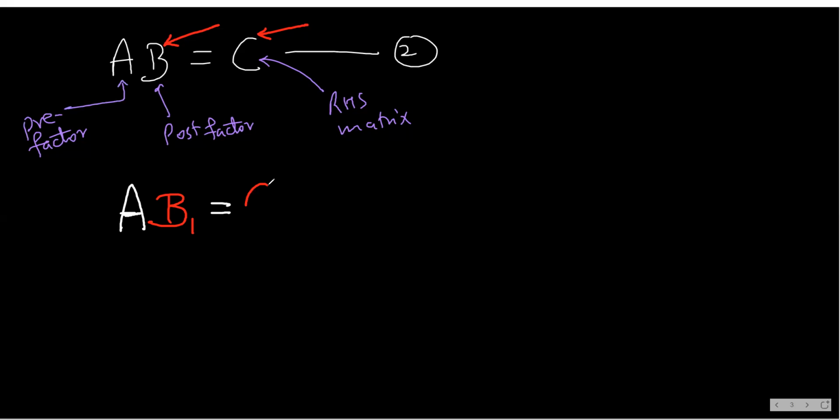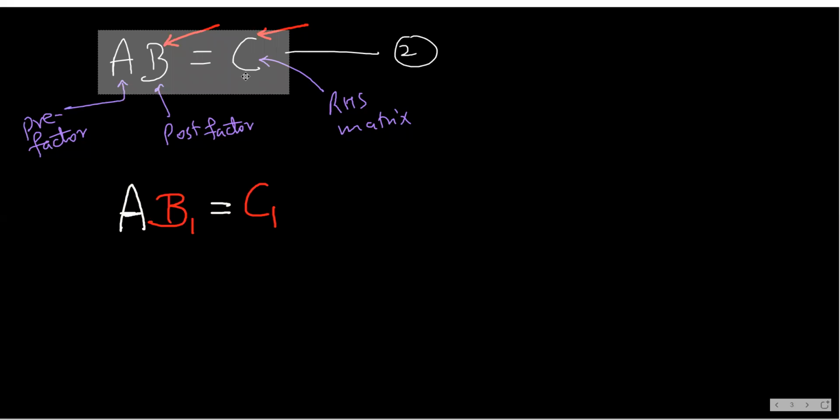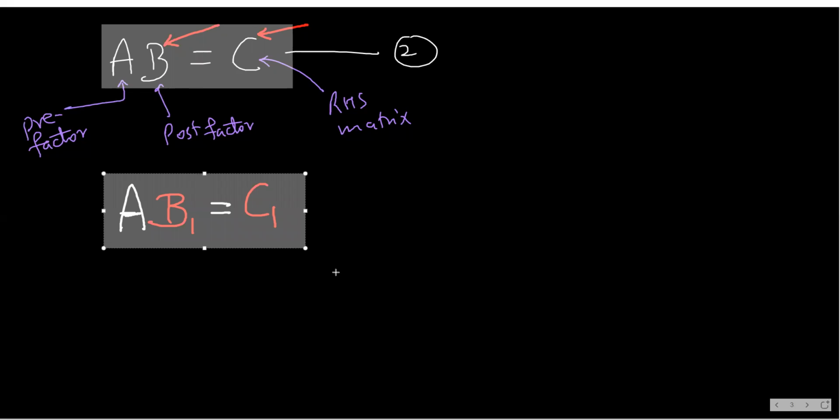Yes, C got changed to C1 because you applied the same column transformation on the RHS matrix. The idea is this will also be a true equation. Was this a true equation? Obviously, yes. So if this was true, this will also be true. This is what we are going to do.